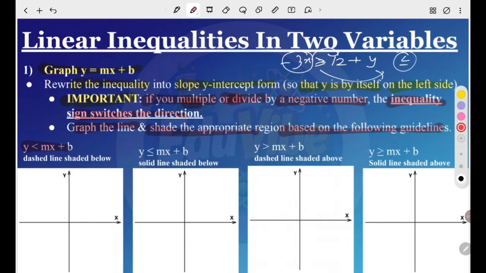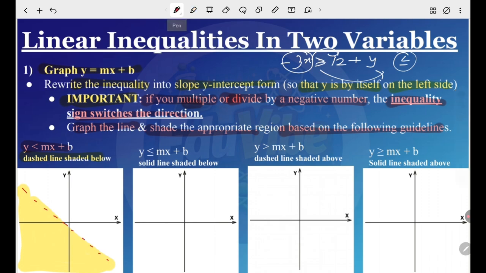In this case, we have a dashed line and shade below. If y is less than, I make a dashed line, like this one I drew randomly, and we shade below it. Shaded below means we shade this part. This whole part should be shaded if we have a less than: y is less than this.